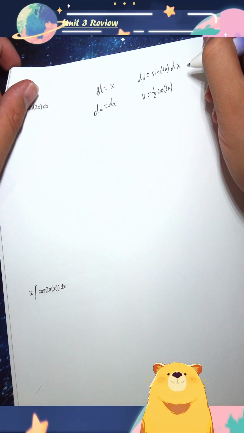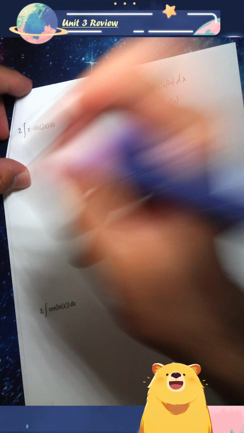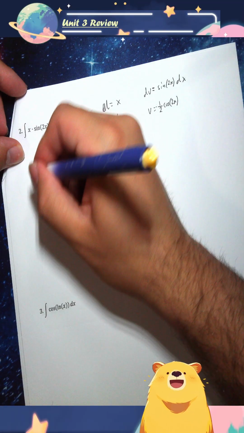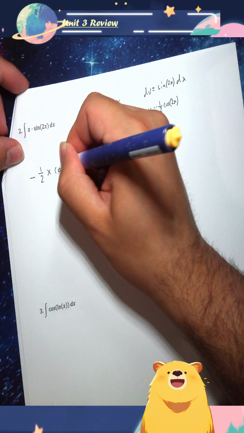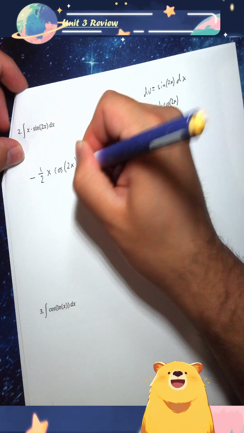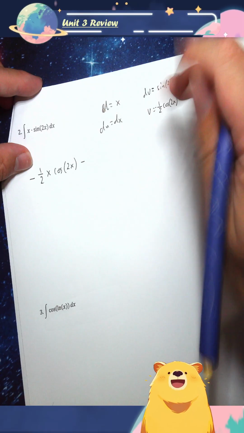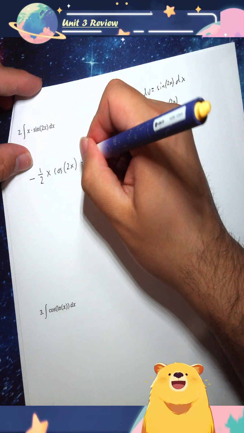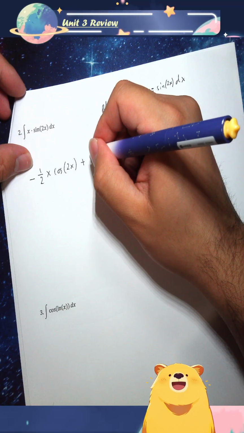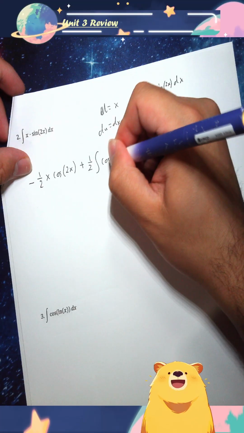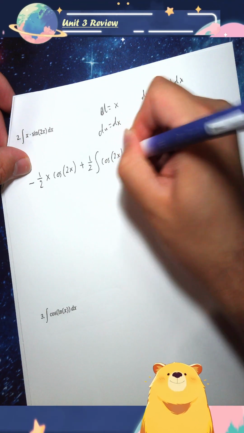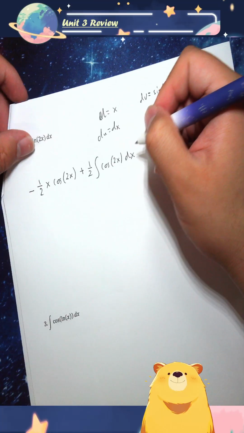We're going to go ahead and write that out to be negative 1 over 2 x cosine of 2x. And then minus this setup, which makes that positive, 1 over 2 integral of cosine of 2x dx.